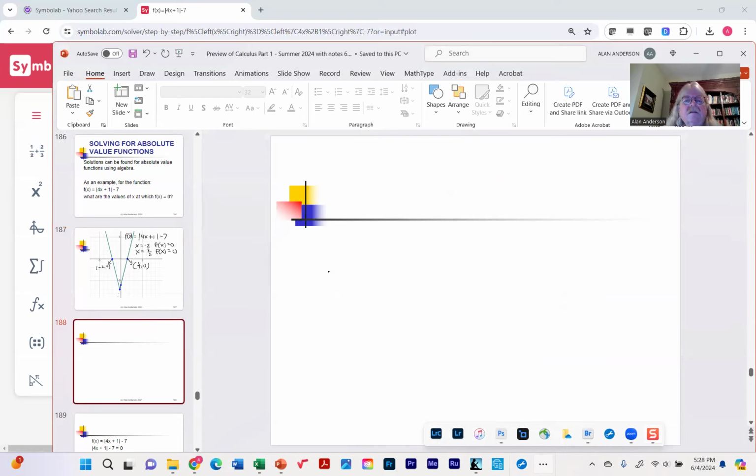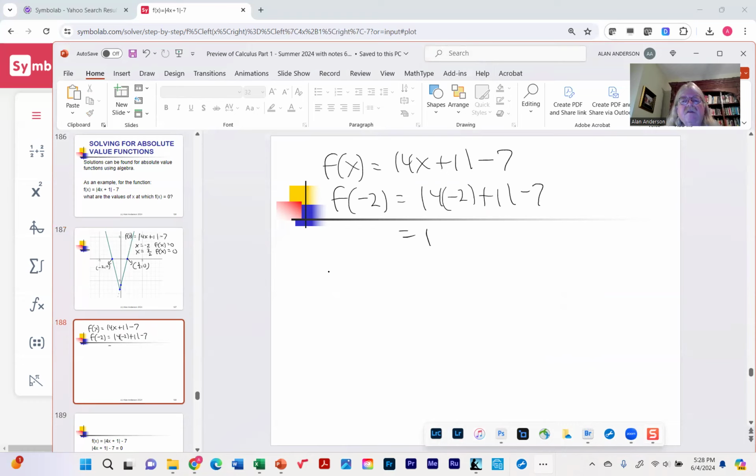First, f of -2 would be, so we'll have the absolute value of -8 plus 1 minus 7. Now, the absolute value of -7 is, of course, 7, and that's 0.